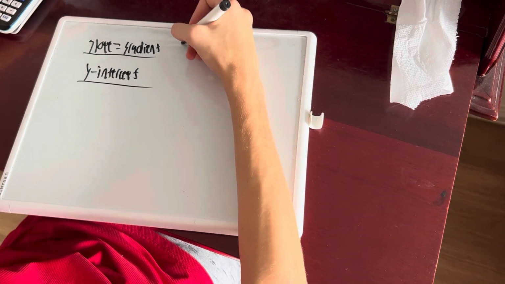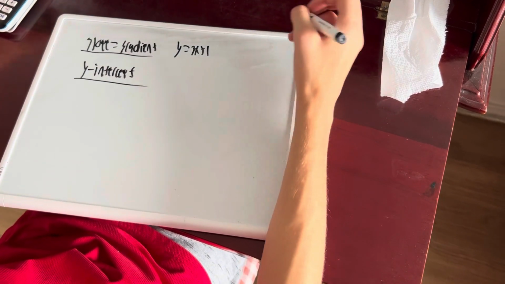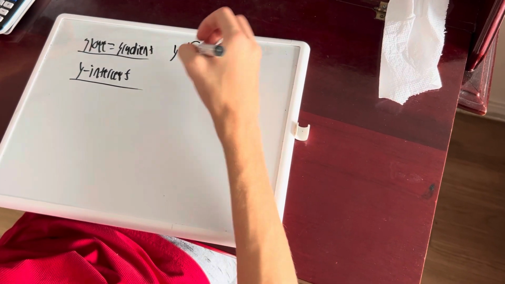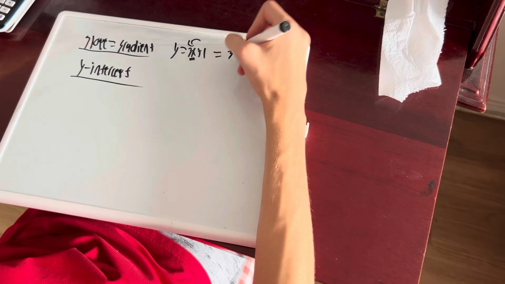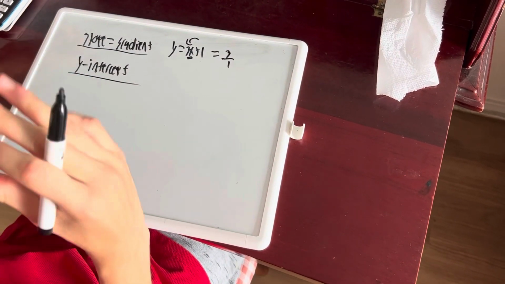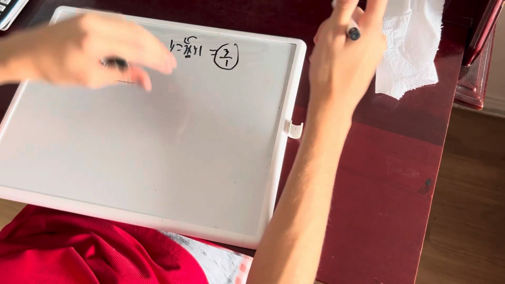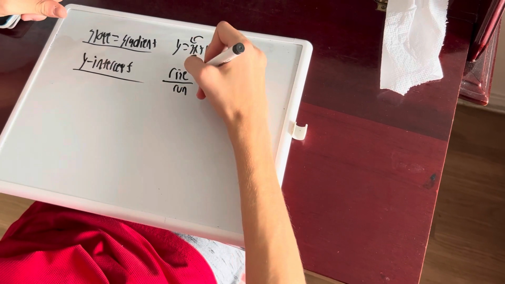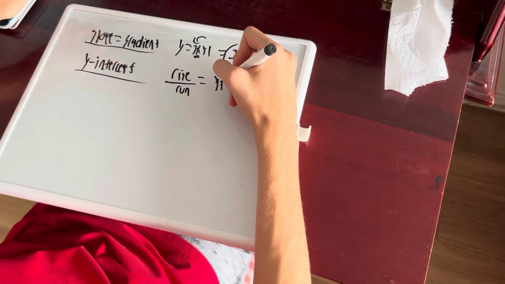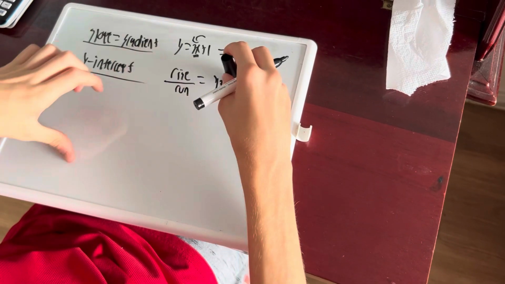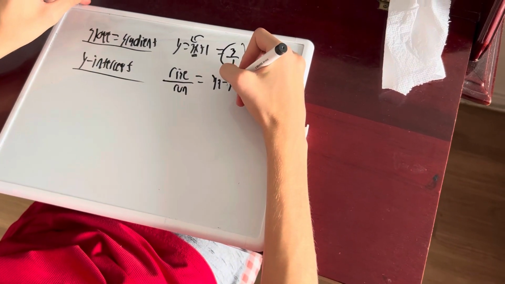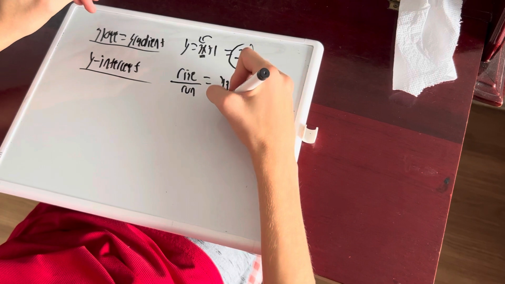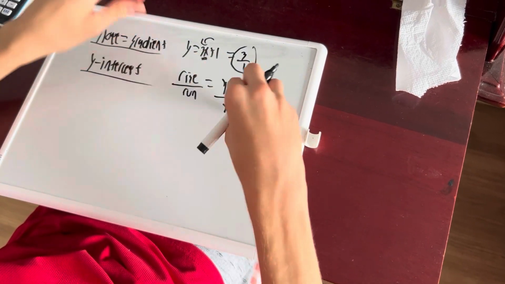The slope: if we have y equals 3x plus 1, as we talked about, our slope is going to be the number before our x. So we have 3, and our slope equals 3 over 1, right? When we're thinking about slopes, we always need to write it as a fraction, because slope is rise over run, also called the change in the y coordinate divided by the change in the x coordinate.